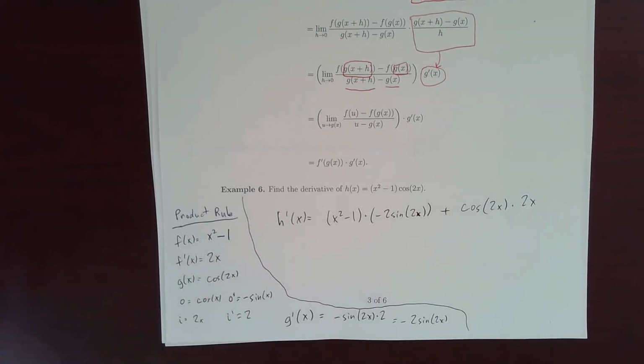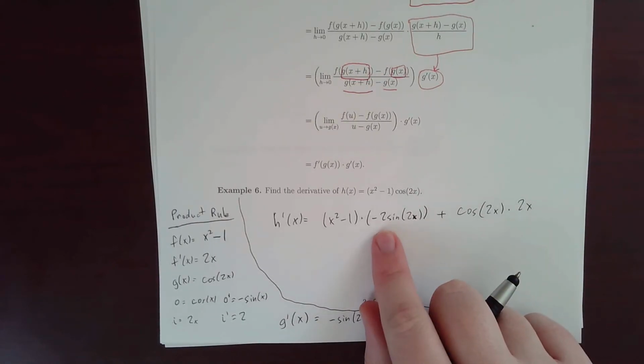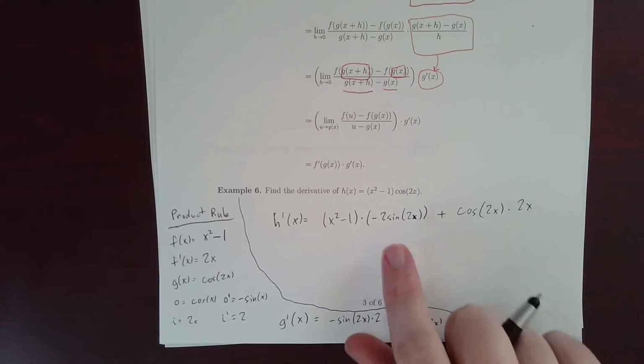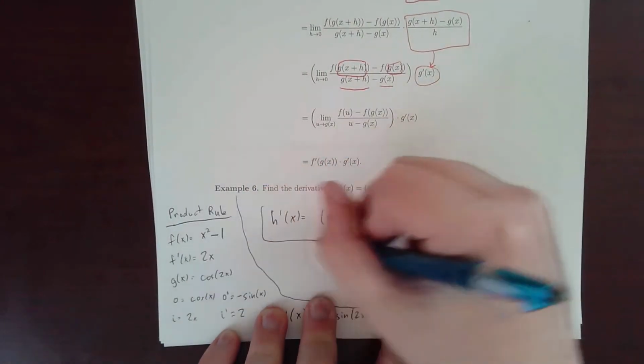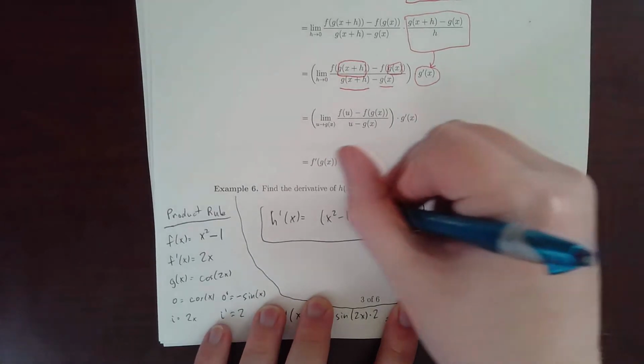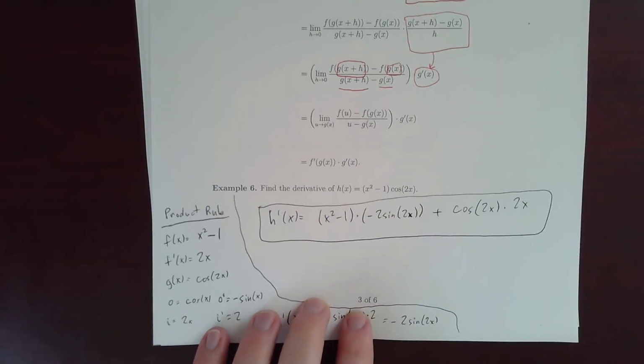Now, you could go ahead and rearrange this if you'd like, but everything should be good to go there. In fact, the only thing you might want to do is, because there's a negative here, rewrite it as this minus this, but this is totally acceptable and good to go.